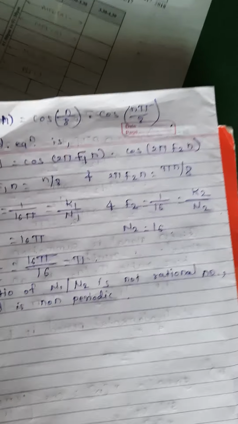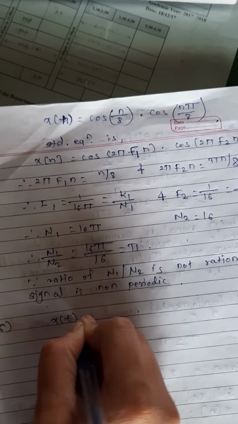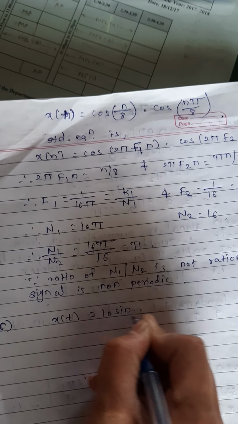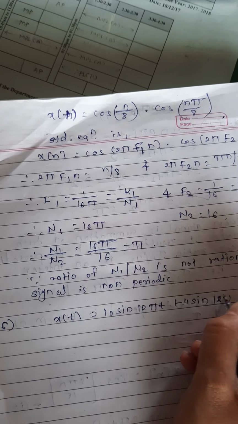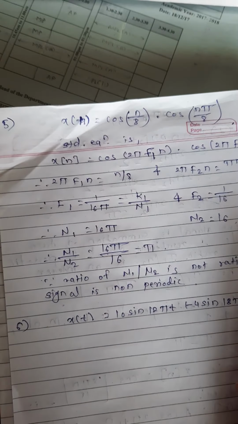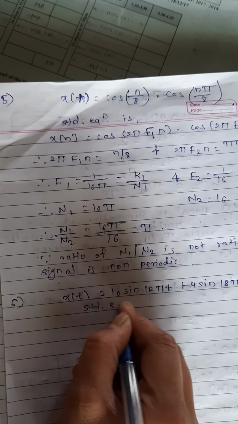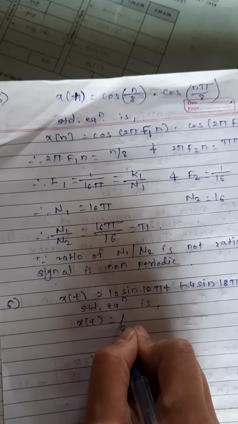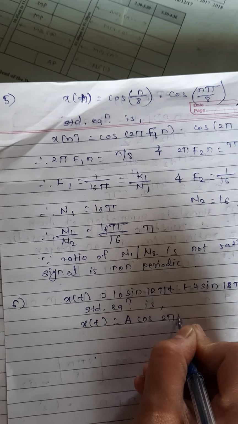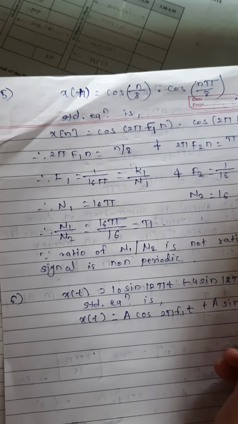Next problem: check whether the signal is periodic or non-periodic. Given x of t is equal to 10 sine 12 pi t plus 4 sine 18 pi t. This is our given equation, equation number 1. Now the standard equation is x of t is equal to a cos 2 pi f1 t plus a sin 2 pi f2 t.